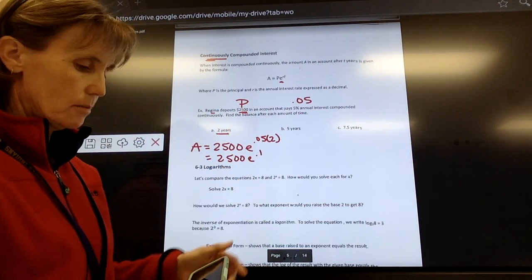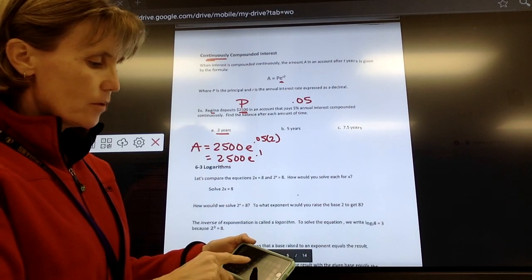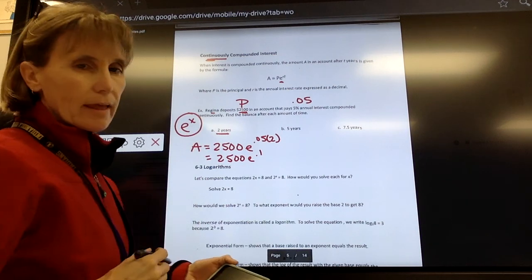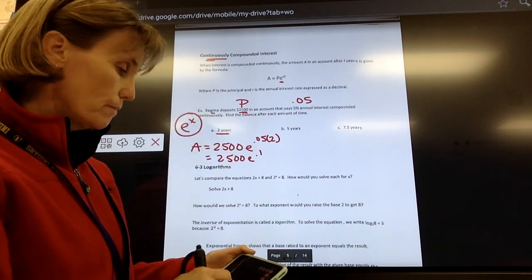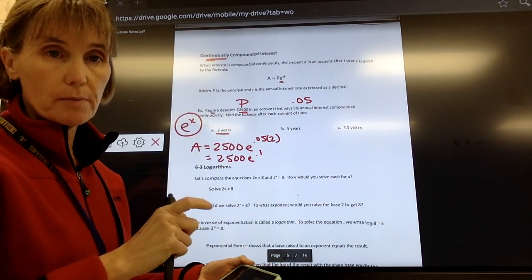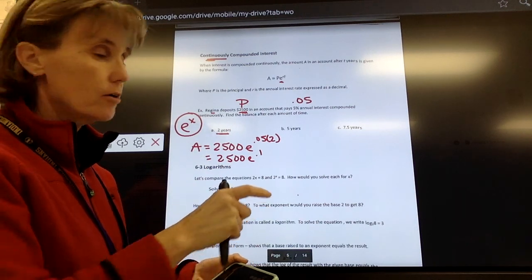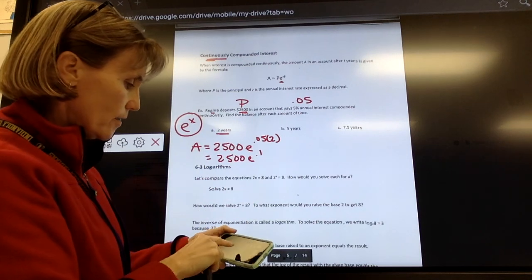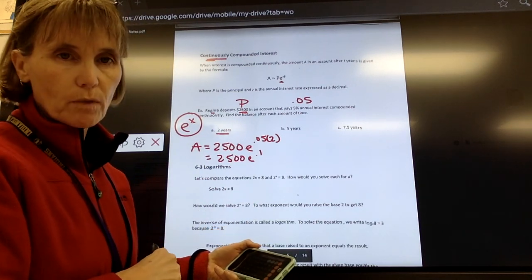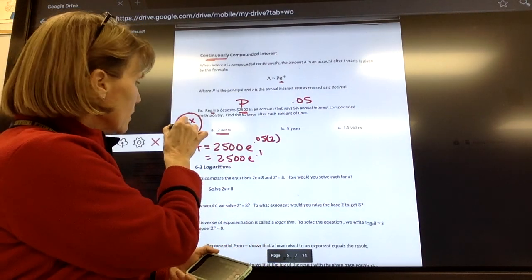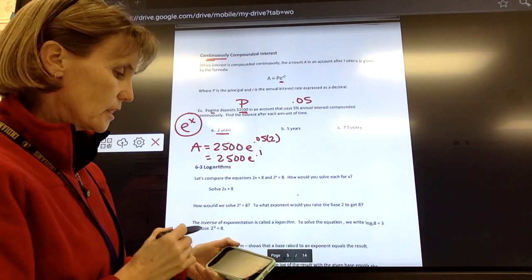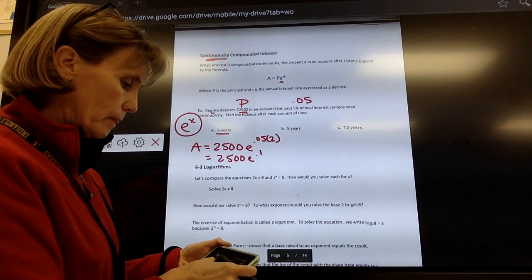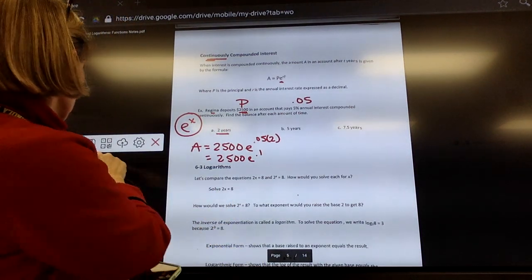That's e raised to the 0.1. To evaluate that, you should have a key on your phone that says e to the x. The sequence might be a little different depending on your calculator, but on my phone, I evaluate 0.1 and then hit my e to the x key. That automatically takes e to that power. I have a decimal there, I don't round it, I just hit times 2500 and equals.